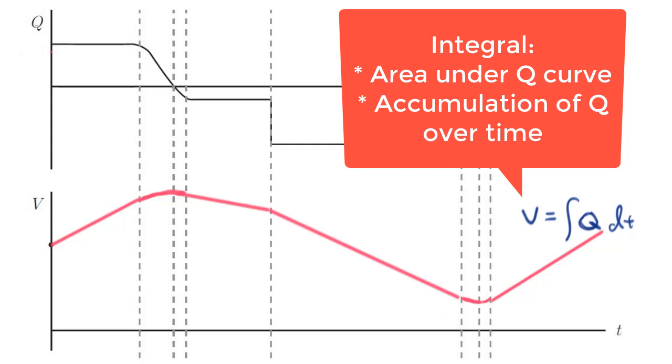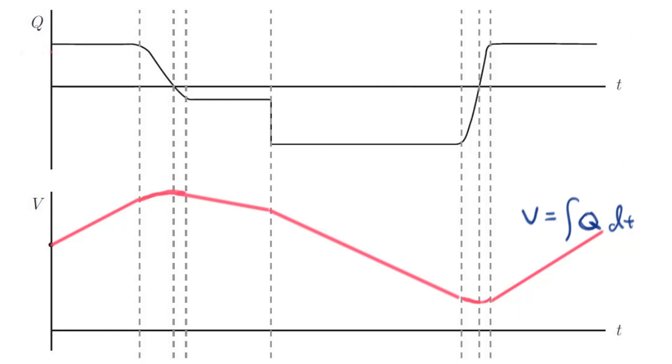As Q is positive, you're accumulating that flow rate to increase the total volume. So integration, we can also think of as an accumulation. It's a summation of all the Q that came before it.